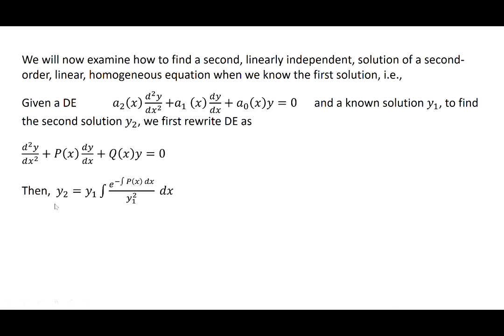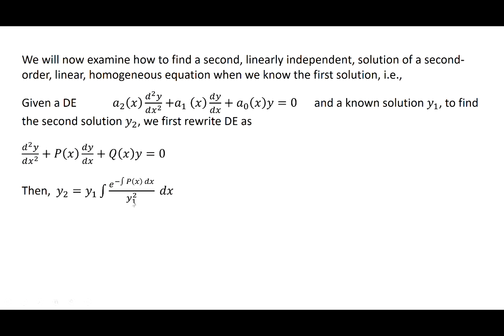Okay, so y2, the second solution, is y1, the first solution, times a certain integral. You need to memorize this: integral of e raised to negative integral of p of x dx, over y1 square dx.